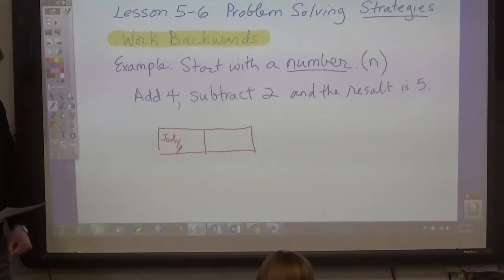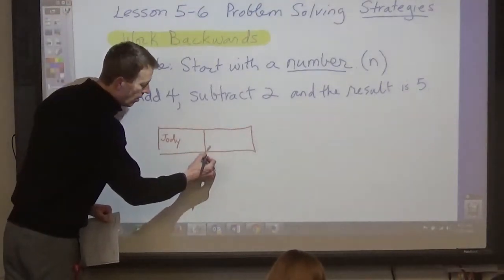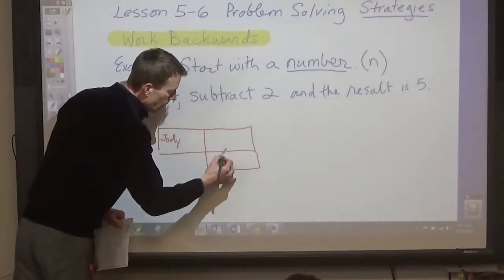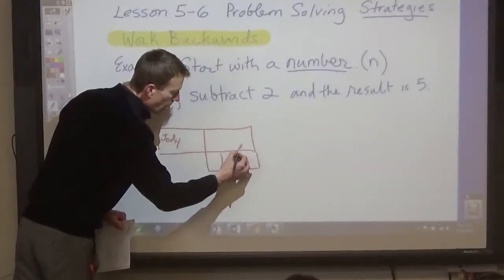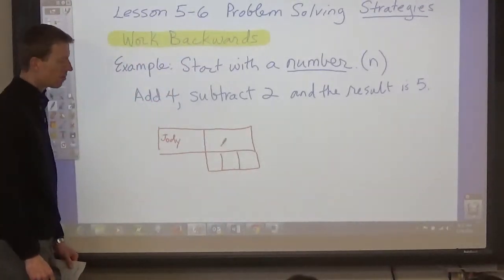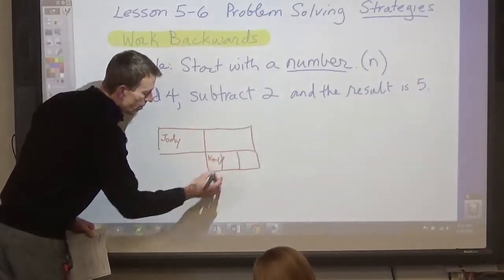Then it says that Carl can pay 1/3 of what was left. So this is the amount left. And if Carl can pay 1/3, if we cut this part that's left into thirds, then we know Carl can pay 1/3 of it.